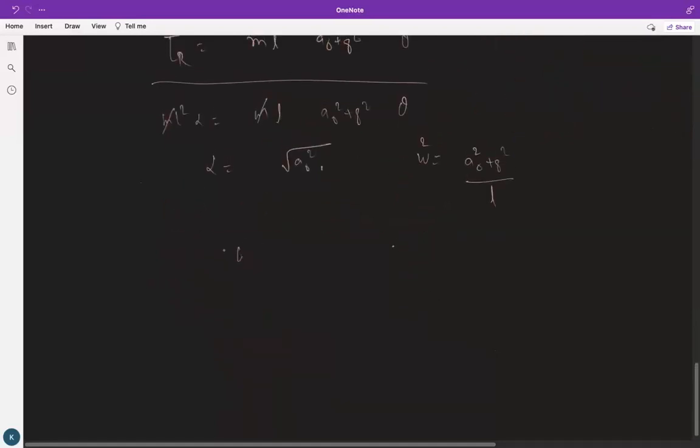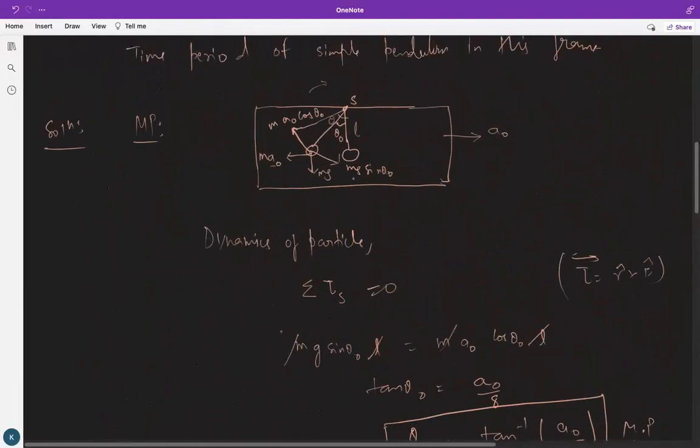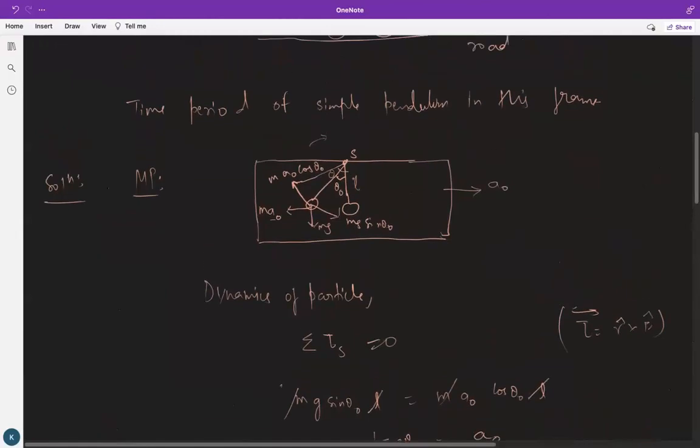So we have the time period equal to 2 pi by omega, so it will be 2 pi root under L by a naught square plus g square. This is our time period when a simple pendulum is attached to the ceiling of an accelerated car.